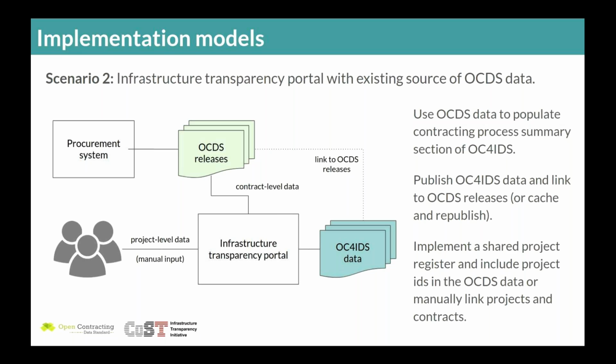And then they need to link together the project level and contract level data in the transparency portal, ideally using project identifiers. And then OC4IDS is used to publish the project level and summary contracting data, and it actually links back to the original OCDS releases, which are published from the government procurement system.